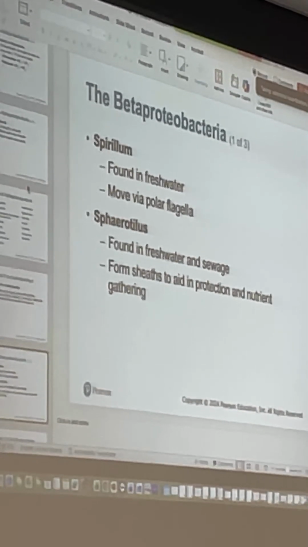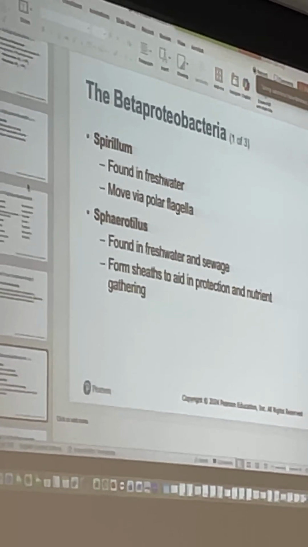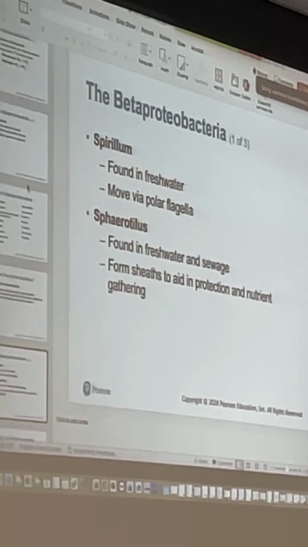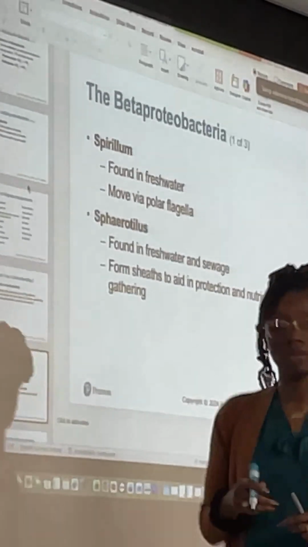What does polar flagella mean? With polar flagellum, it can be one flagellum, but it's on the poles, on the ends of the cell.